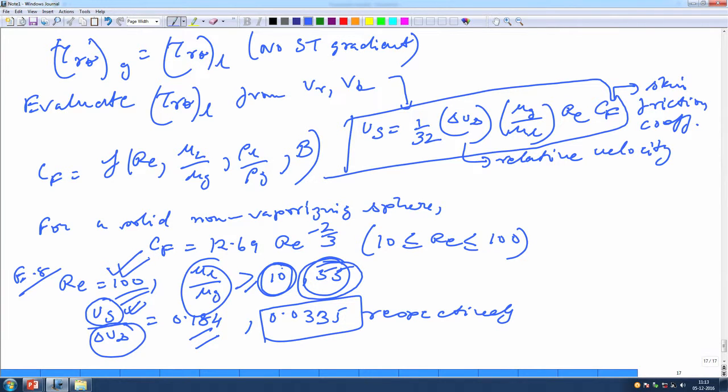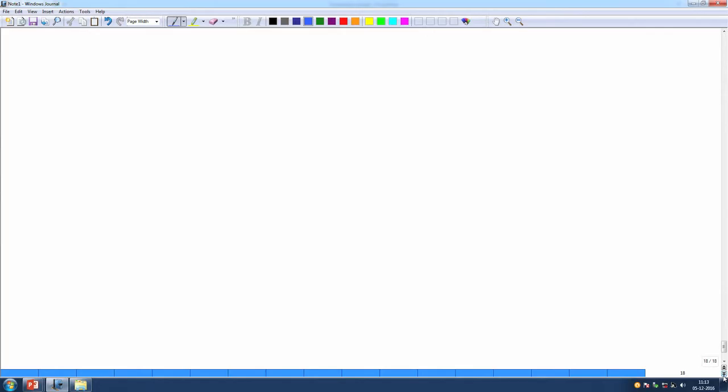So, we have kept the outer phase flow field, that is the Reynolds number, the same, 100 in both cases, except we have played with the viscosity. As you make the viscosity ratio higher and higher, you get lower and lower surface velocities in the liquid phase. So, that is an interesting observation that we have over here. Moving on to the next one.